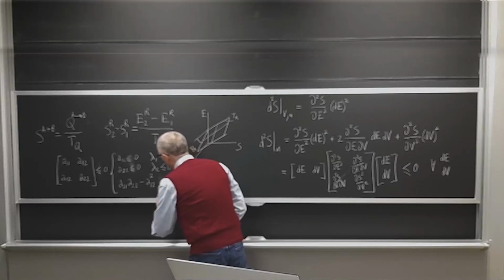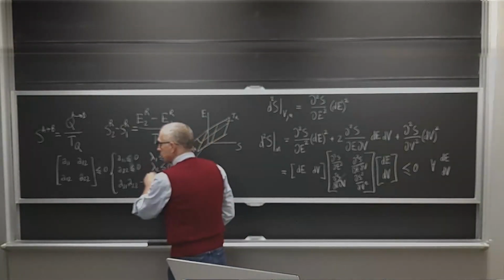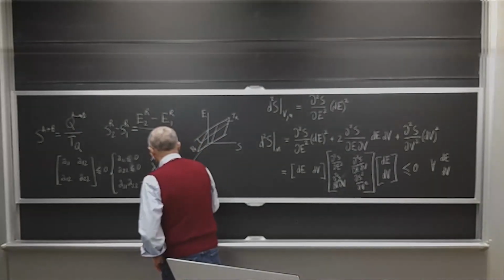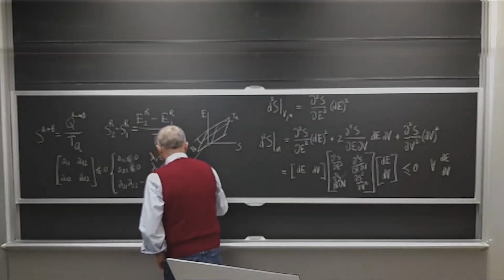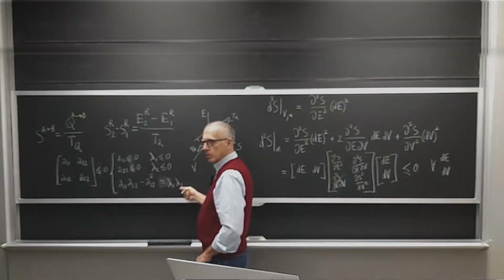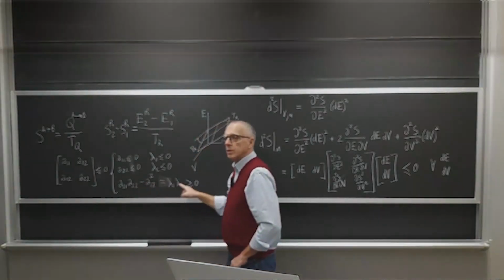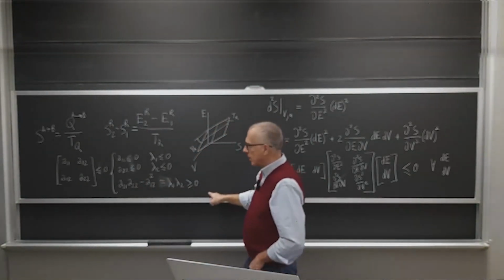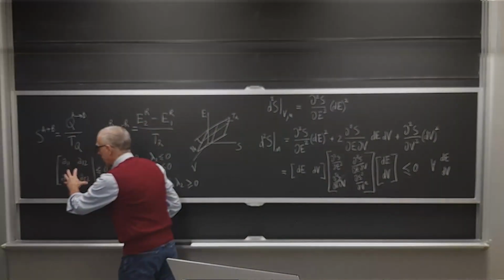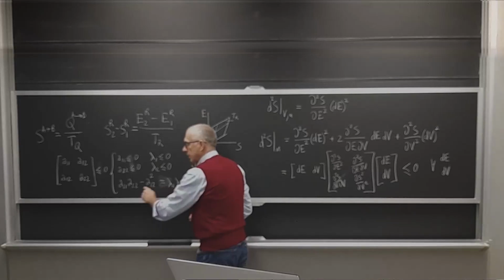And for a 2 by 2 matrix, the determinant is equal to the product of the two eigenvalues. So this is also equal to lambda 1 times lambda 2. If you multiply two negative numbers, you get a positive number, and so the determinant is greater than 0. If instead you had a 3 by 3 matrix, then you have three negative numbers that multiplied give the determinant.